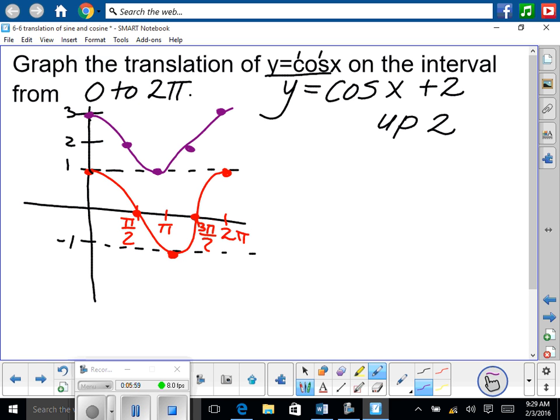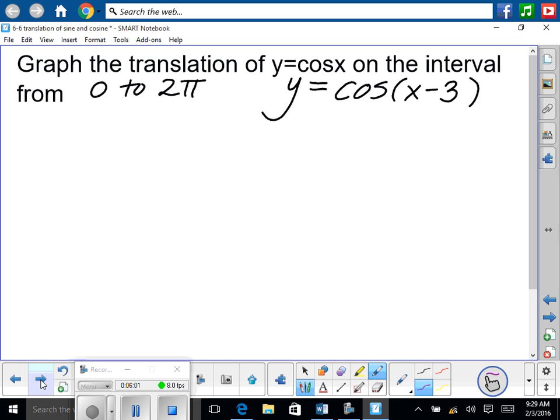Okay. Another one, it says, graph the translation of y equals cosine of x on the interval from 0 to 2 pi, but now we're shifting it right 3, right? So right 3. Yeah. So we always go opposites, add it in with x, so we'll draw it in again.